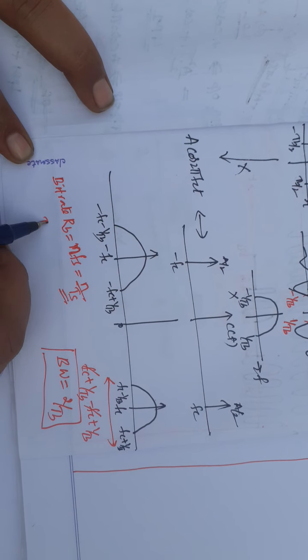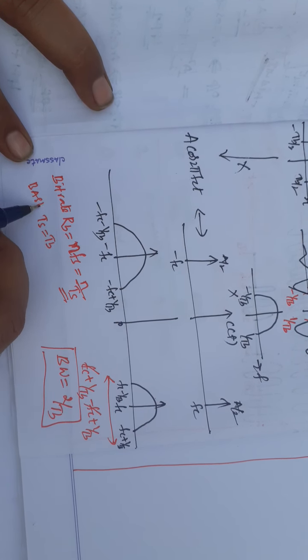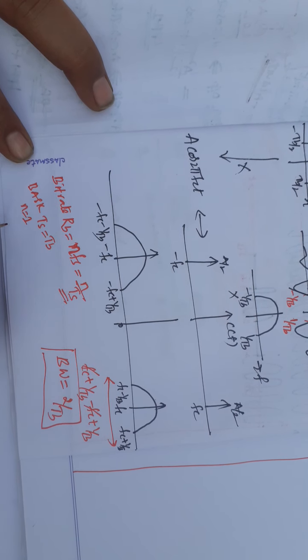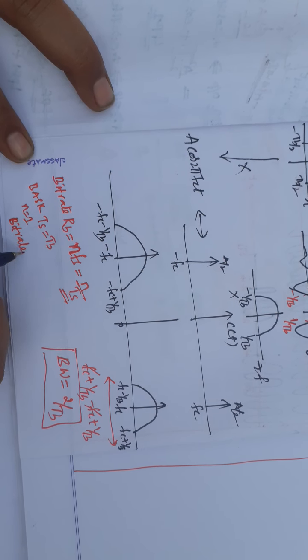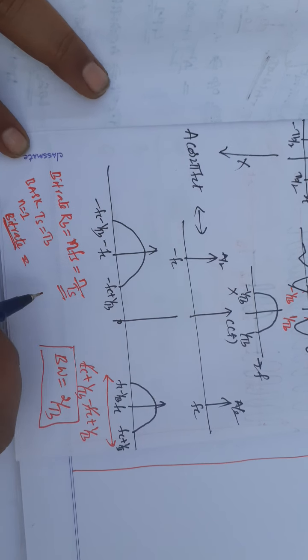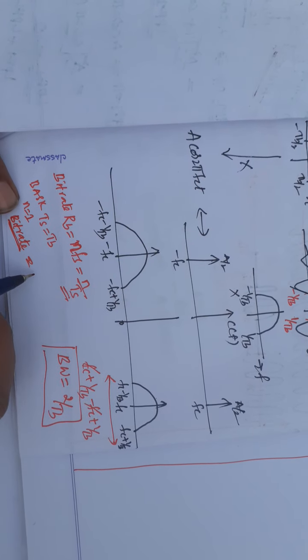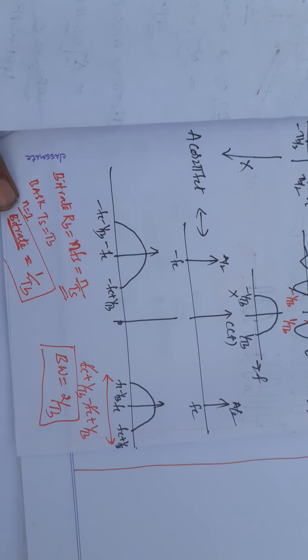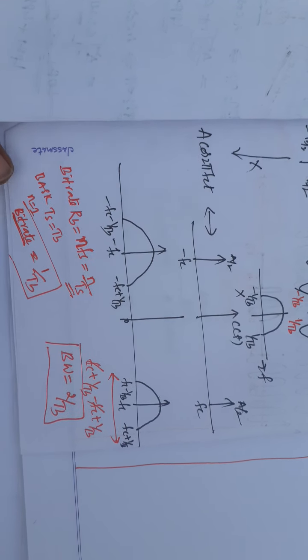So in this case Ts is equal to TB for BASK, right, and small n is equal to 1. So the bit rate of BASK is n by Ts, that is n by TB, that is 1 by TB. Bit rate is 1 by TB.